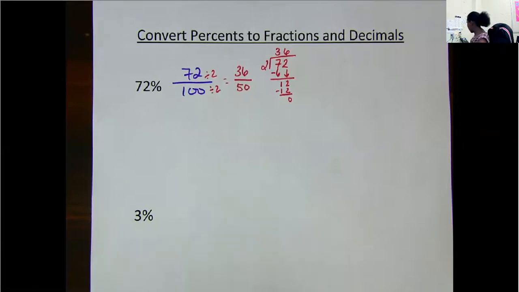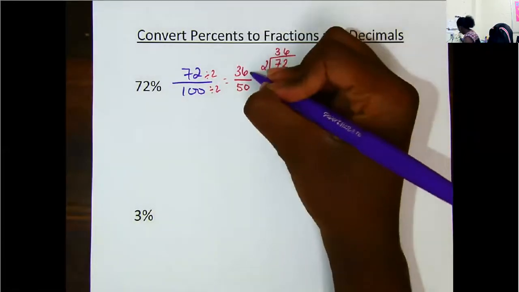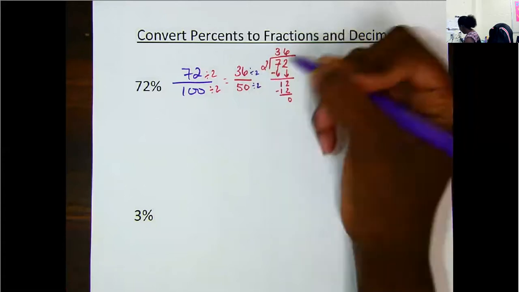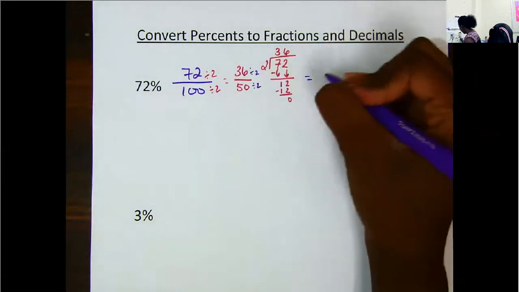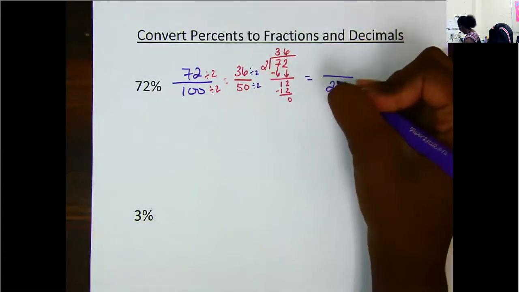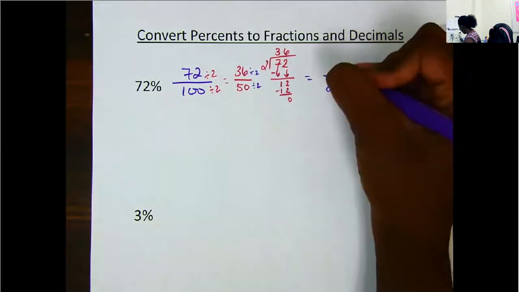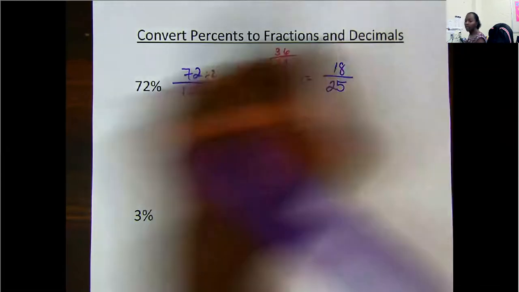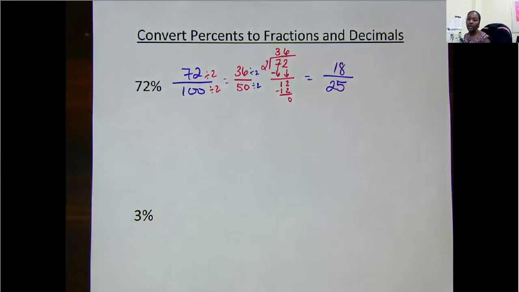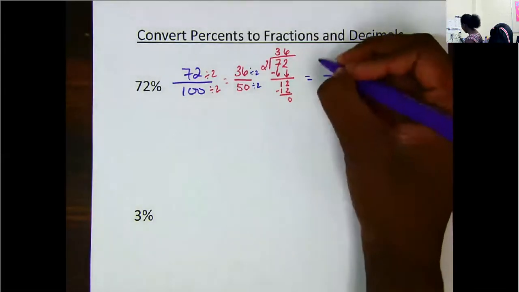So let's divide by 2, divide by 2. Half of 50 is 25. Half of 36, I do know what that is. That's 18. 18 over 25. Now, there is no number that will go evenly into 18 or 25. So that is our simplified fraction for 72%.